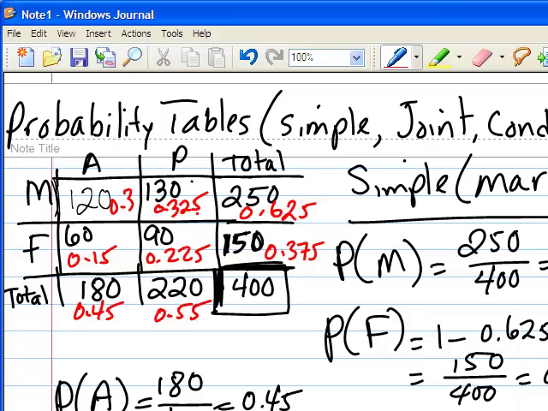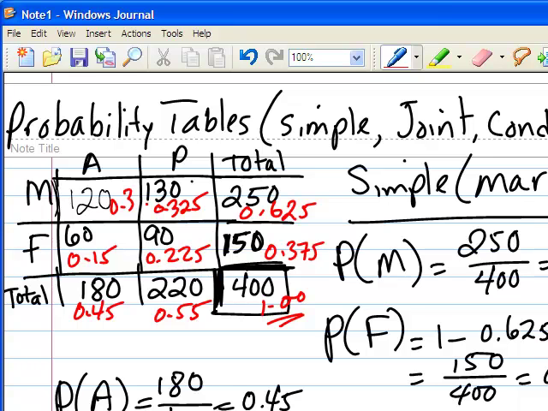The 0.325 and the 0.225 add up to the 0.55 in the second column. And of course the 0.625 and the 0.375 equal 1, which is the total probability, all the 400 individuals. Also the 0.45 and the 0.55 add up to 1.